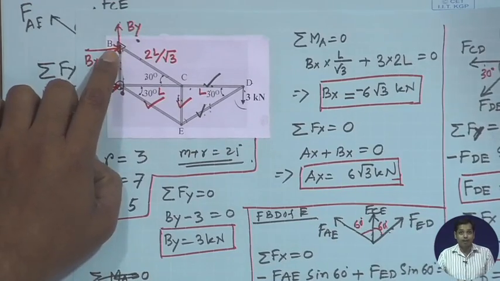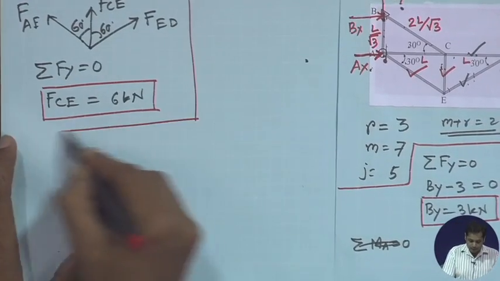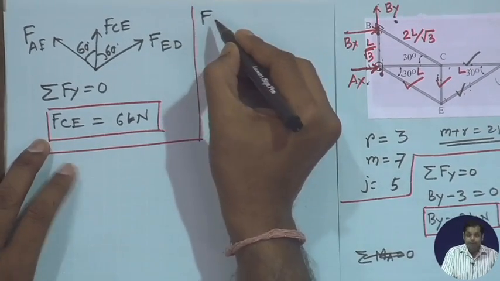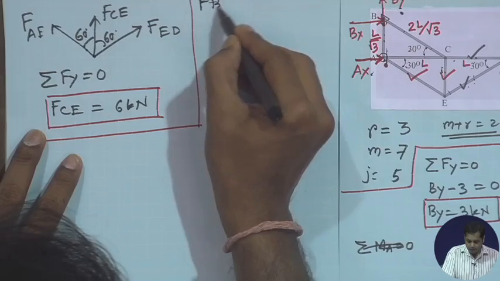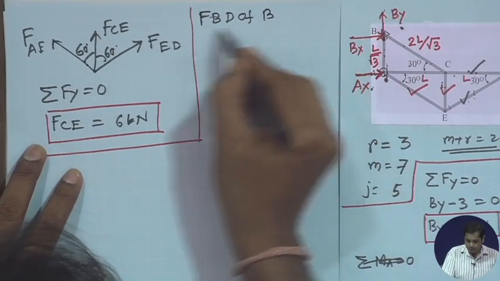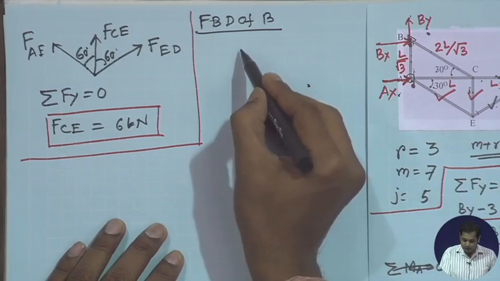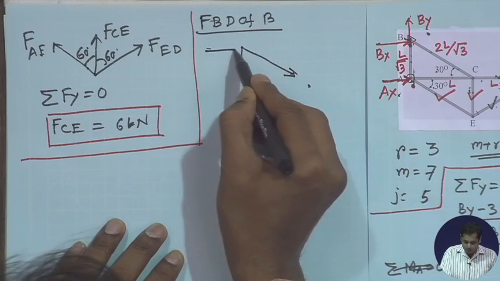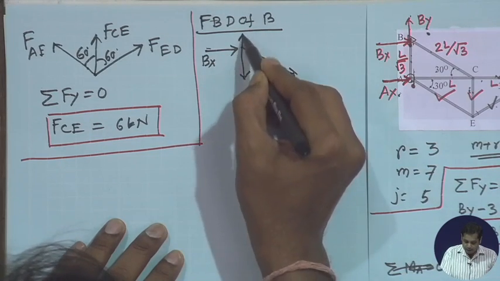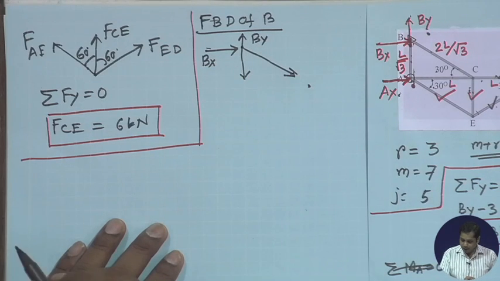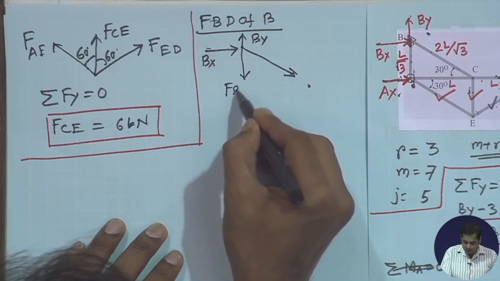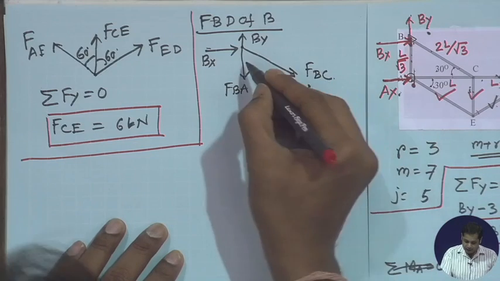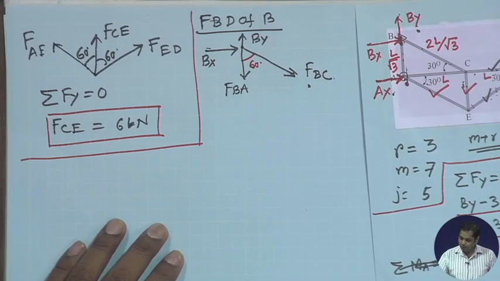Free body diagram of joint B, if I draw, FBD of B, then the free body diagram will be this, and then this horizontal reaction Bx and vertical reaction By, and this will be FBA and FBC, and this angle is 60 degree, okay.